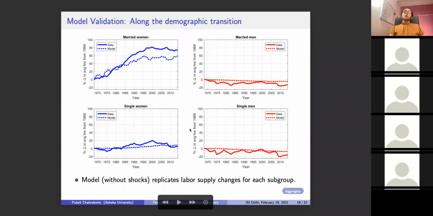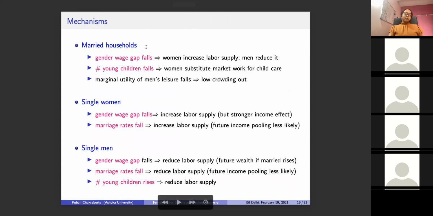Okay, so what is the mechanism that is really giving rise to this kind of response for the agents in the household? For married households, when the gender wage gap falls, that increases the benefits that women are going to receive if they work outside. So women increase their labor supply, and similarly, men reduce their labor supply.